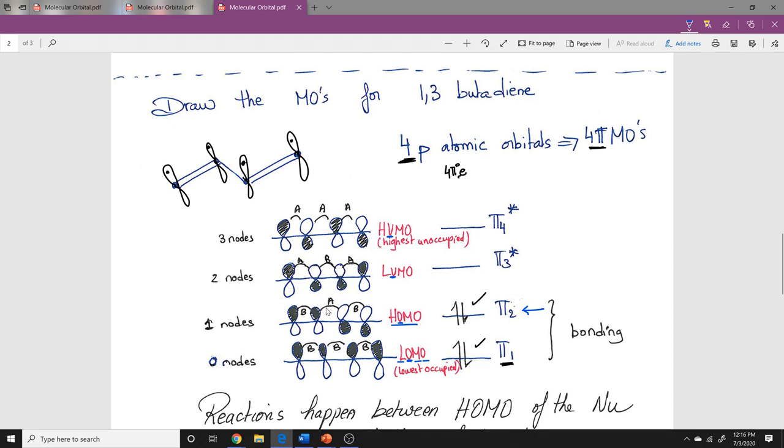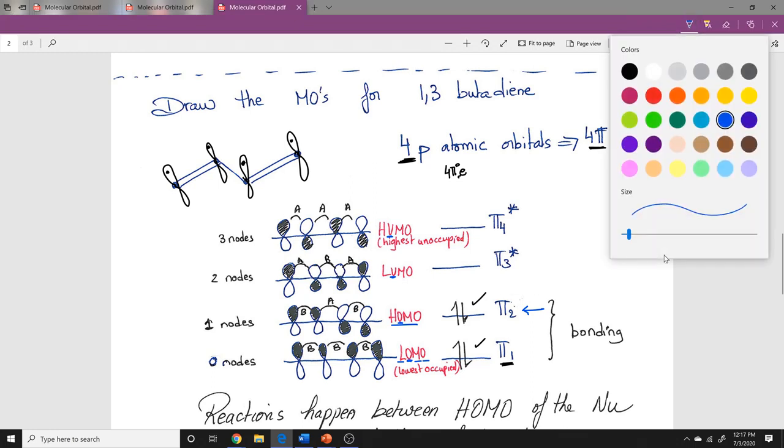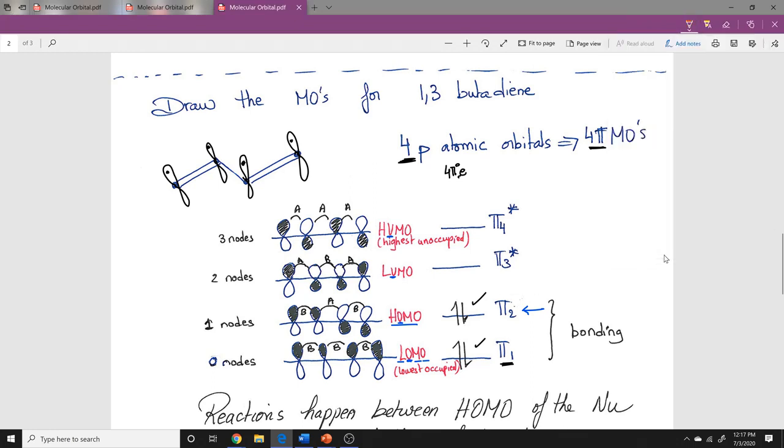A node is a possibility of not finding an electron, and that possibility is here, between these two p orbitals.